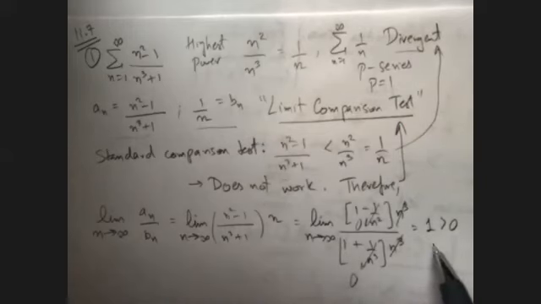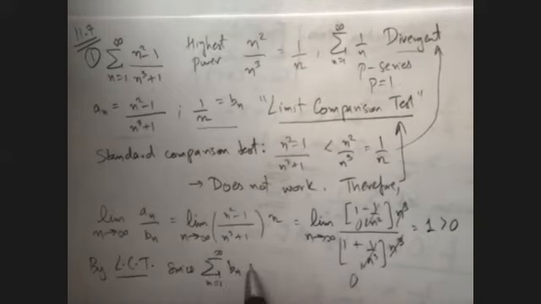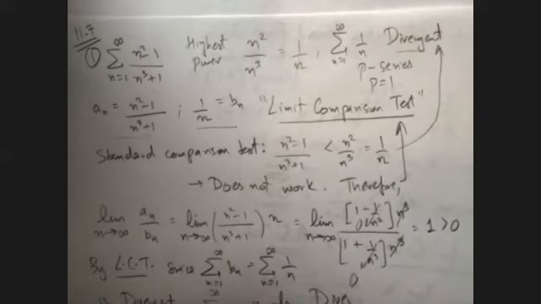So because this is 1 greater than 0, by limit comparison test, since bn is divergent, an is also divergent.